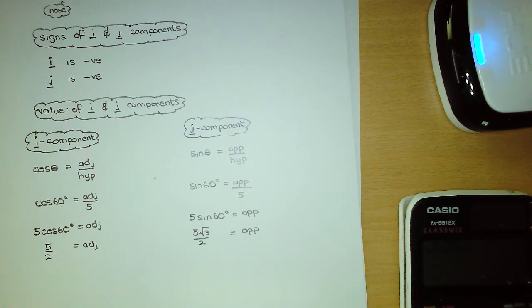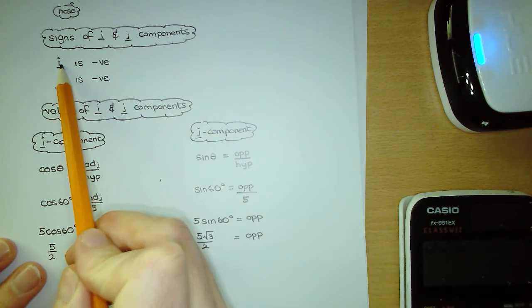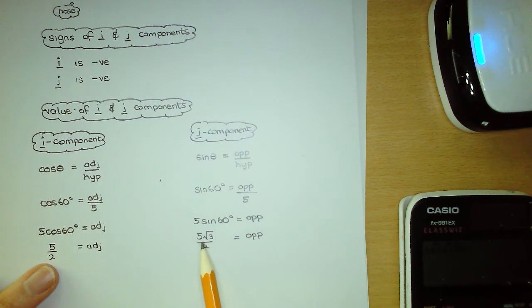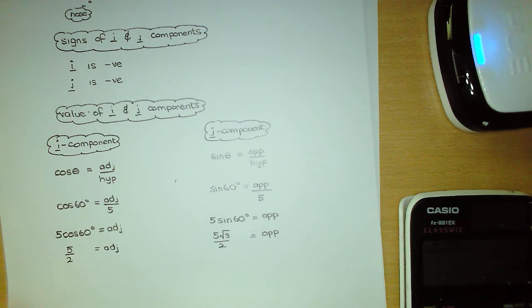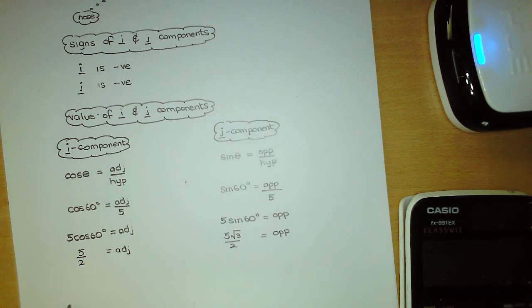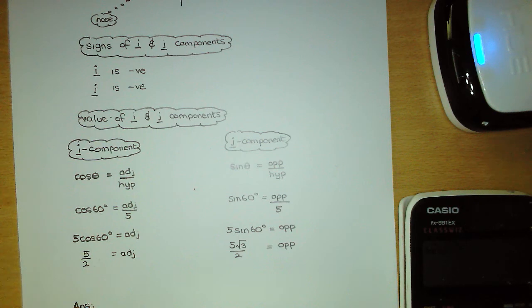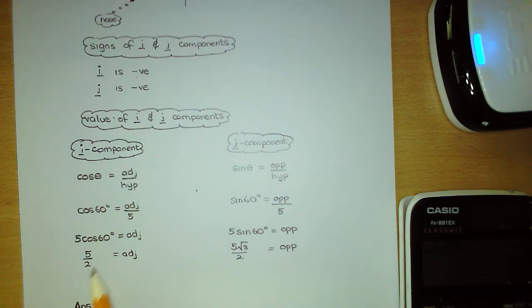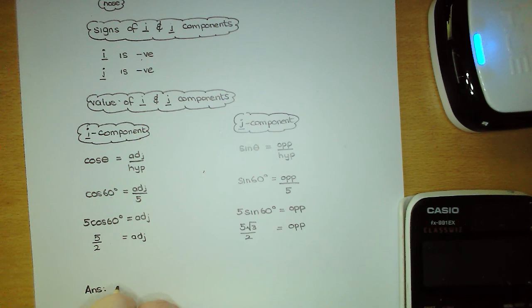So we've worked out the signs of the i and j components, we've worked out the values of the i and j components, so now we put it all together. So our final answer then, the vector in component form: the i component's negative, and it's got a value of 5 over 2, so it's going to be minus 5 over 2 i.